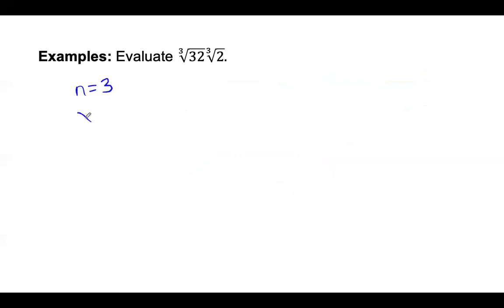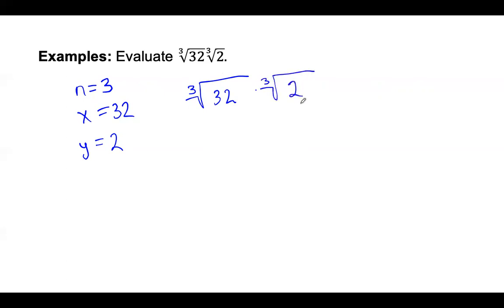I'll give you a second to do this too. X equals 32, y equals 2. Now, you can do this along with me. I'm just copying the question down. To evaluate these individually would be difficult, right? I would need a calculator.